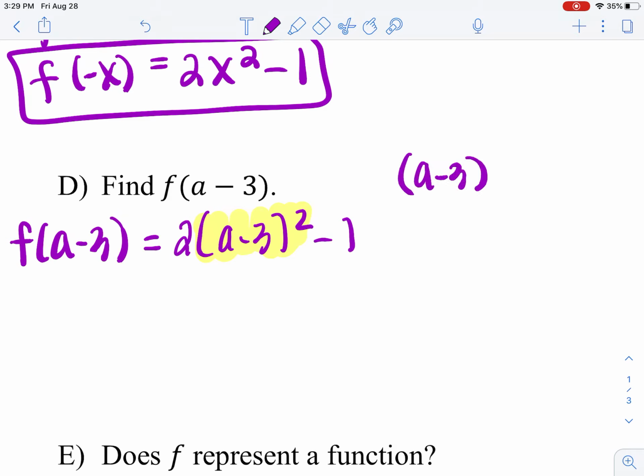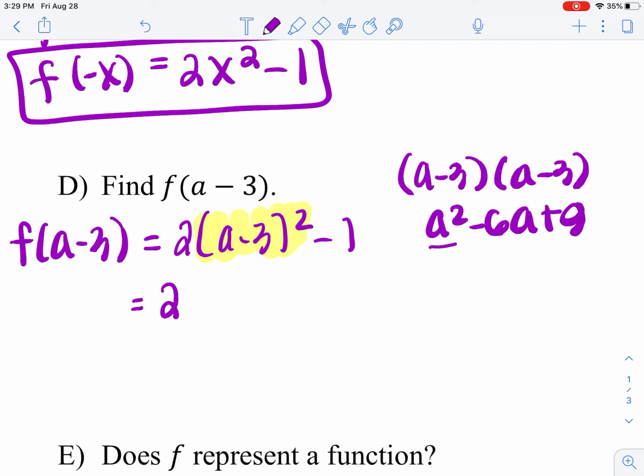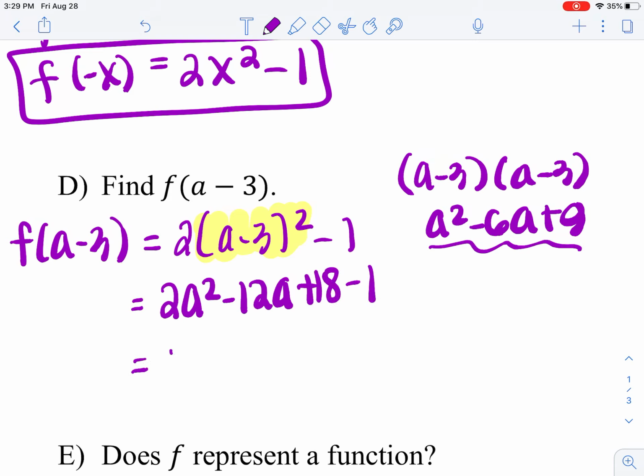It is a minus 3 times a minus 3, which is a squared minus 6a plus 9. So now I have 2 times this, which is 2a squared minus 12a plus 18, and then minus 1. So this is 2a squared minus 12a plus 17.